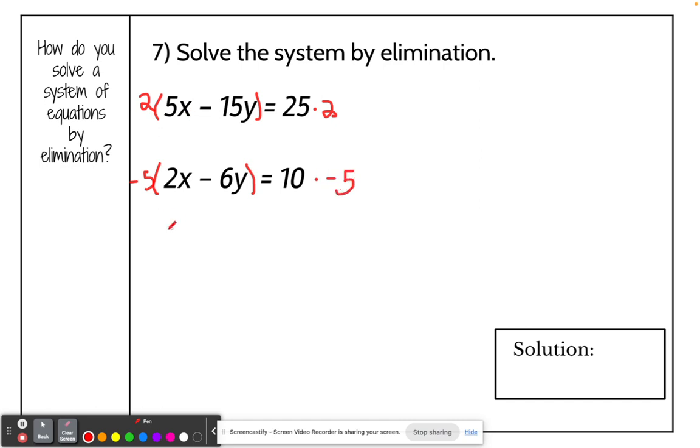2 times 5x is 10x. 2 times negative 15y is negative 30y. And 25 times 2 is 50.